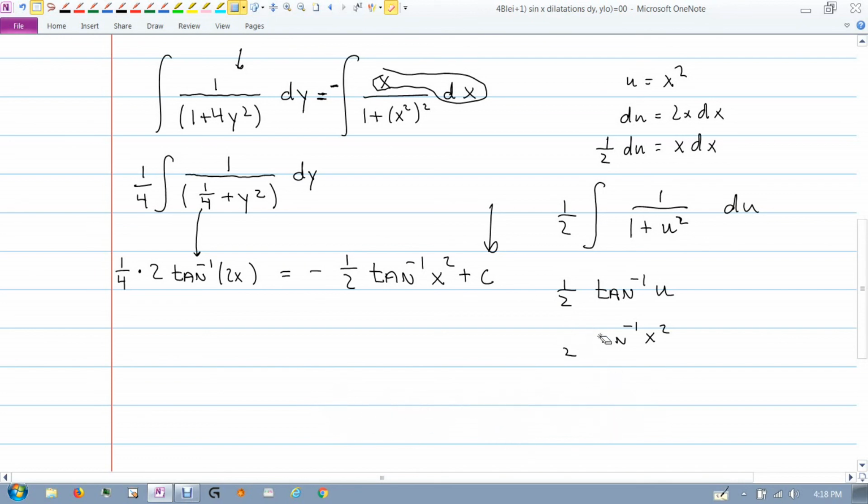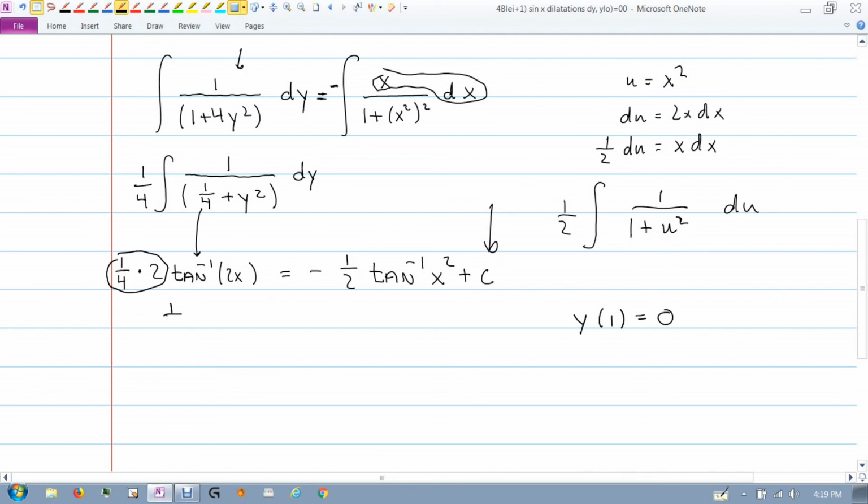Clear out some of this. And now remember, our initial condition was that y of 1 had to be equal to 0. So now what I'm going to do is I'm going to let y be 1. And let me just double check something here. Okay, so now when x is 1, this right here is 1/2.